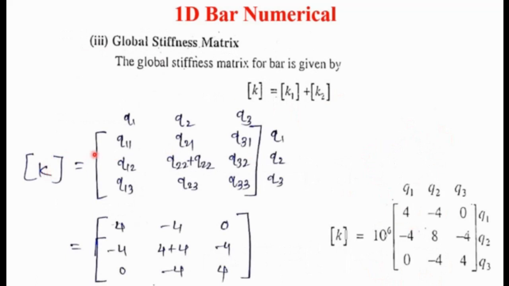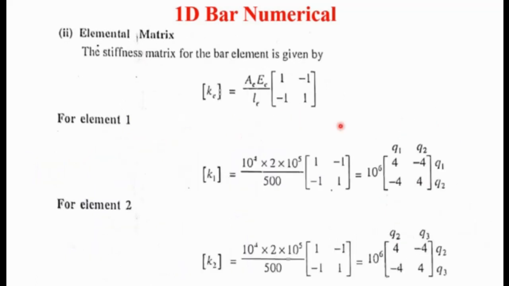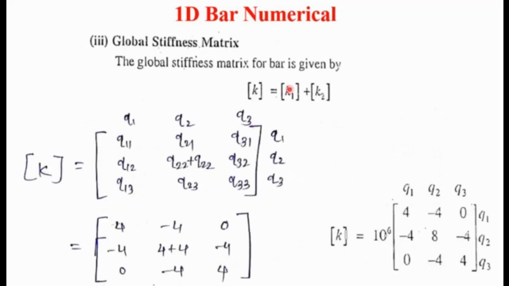Here we can see Q1, Q2 for the first matrix and Q2, Q3 for the second, so the addition becomes a matrix over Q1, Q2, Q3.